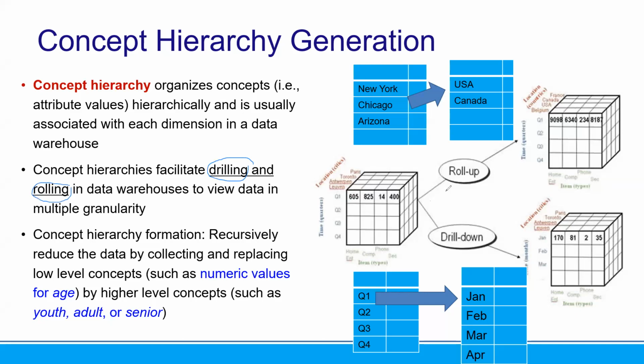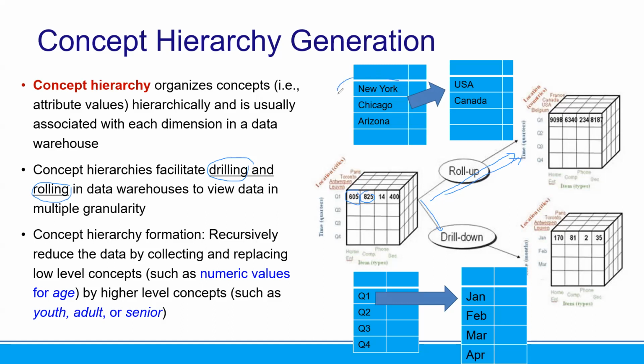Roll up means if the data is only in detail, we can roll up and aggregate based on some higher level. If we drill down, we want to make it more detailed.